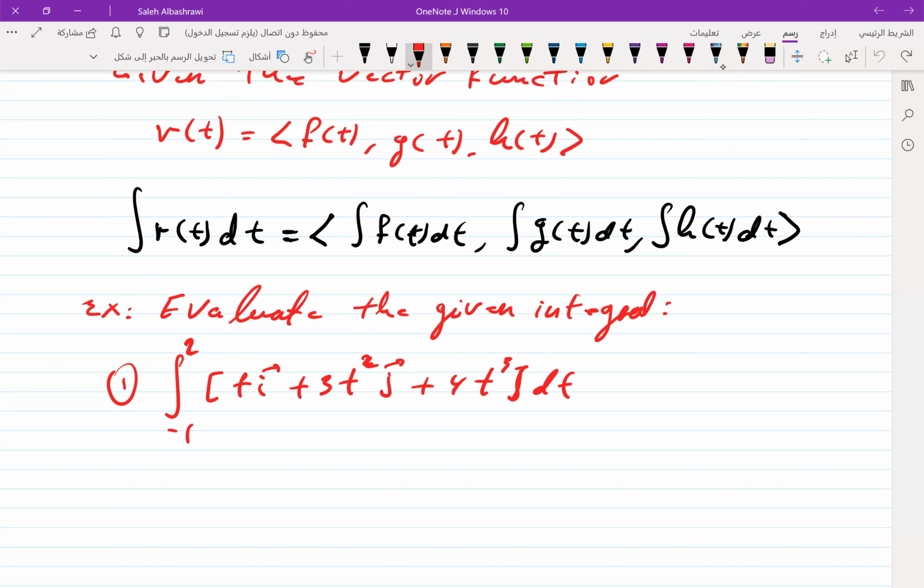This is a definite integral, so all we need is to integrate each component of the vector function.